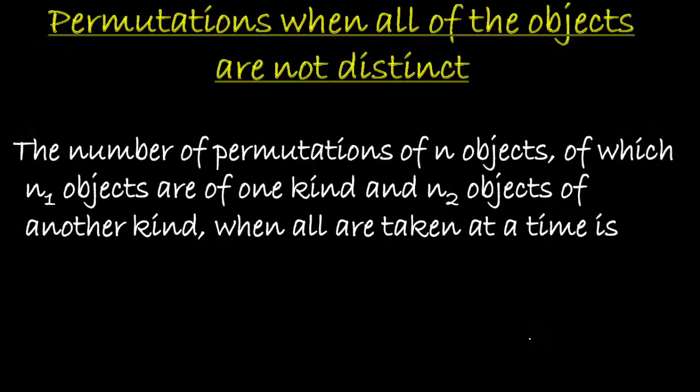Next, permutations when all the objects are not distinct. This case arises in some of the problems. Suppose some of the objects are the same, then how do we find the number of permutations? That is, the number of permutations of n objects, of which n1 objects are of one kind and n2 objects are of another kind.